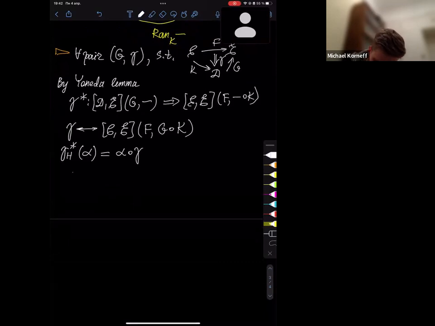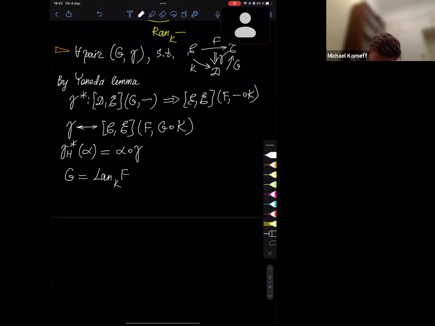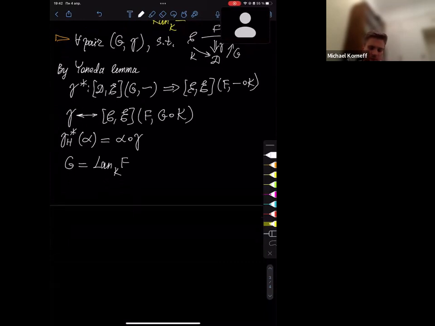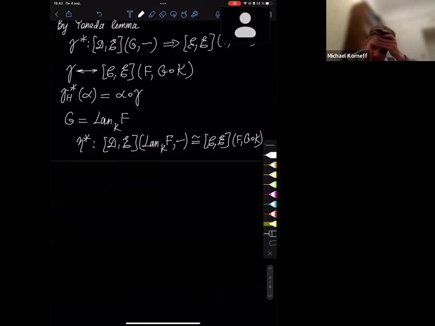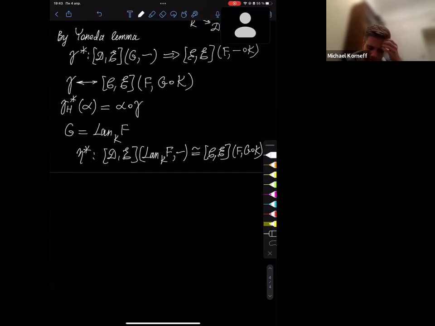Okay, and then if we take G equals left Kan extension of F along K, then we have the following isomorphism eta star between natural transformations from Lan_K F to H and natural transformations from F to H composed with K. And this is an isomorphism because of universality of Kan extension, obvious isomorphism.